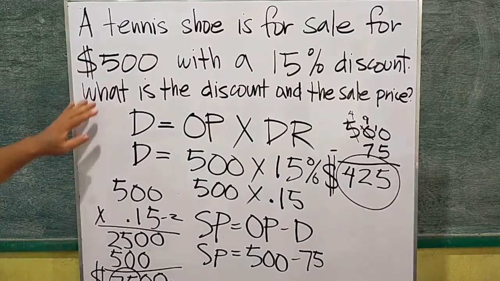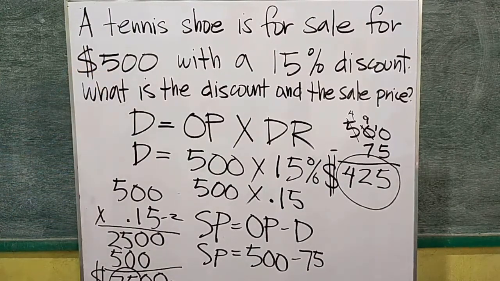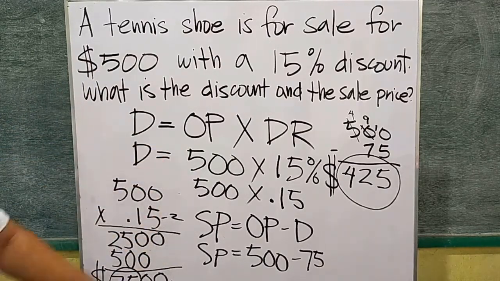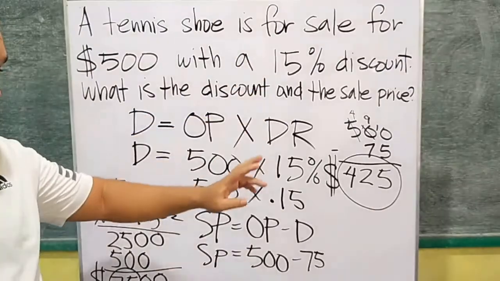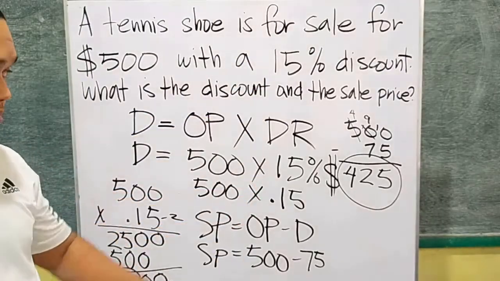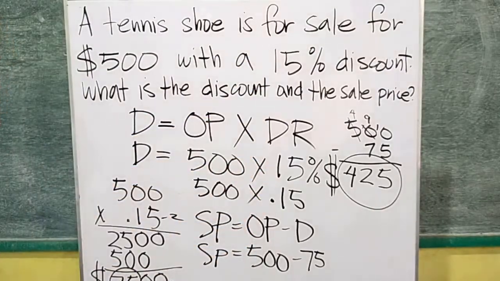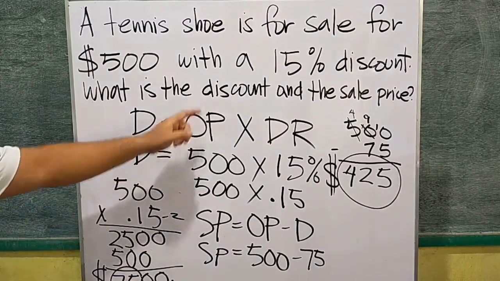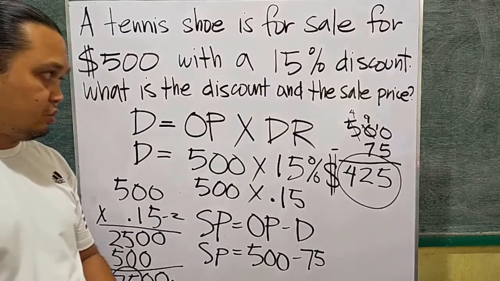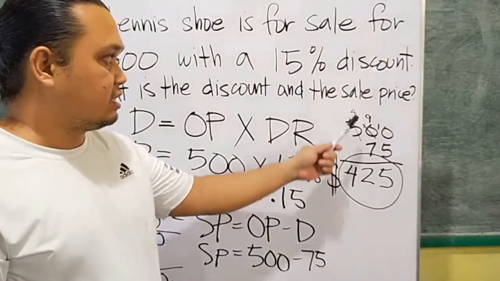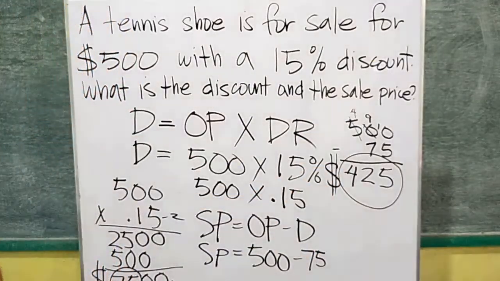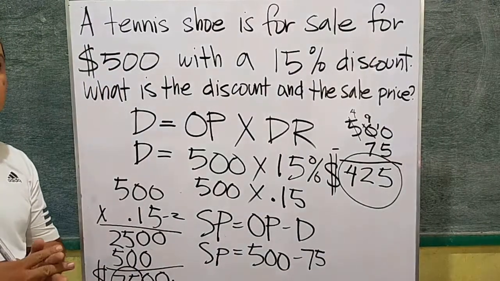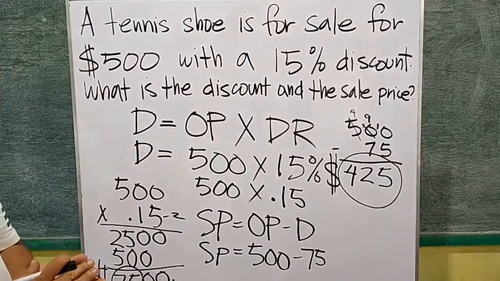Now, 500 here is the original price, or OP. 15% is the discount rate, or DR. 75 here is the discount, and 425 is the sale price. Okay, that's how you apply percent.